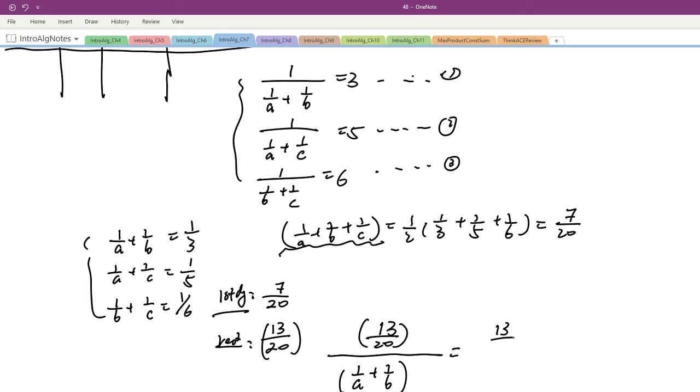So it's 13/20 over 1/3. How many days is this? It's 39/20 days to complete the rest. So the total is 1 day they work together, plus 39/20, which is 59/20 days.